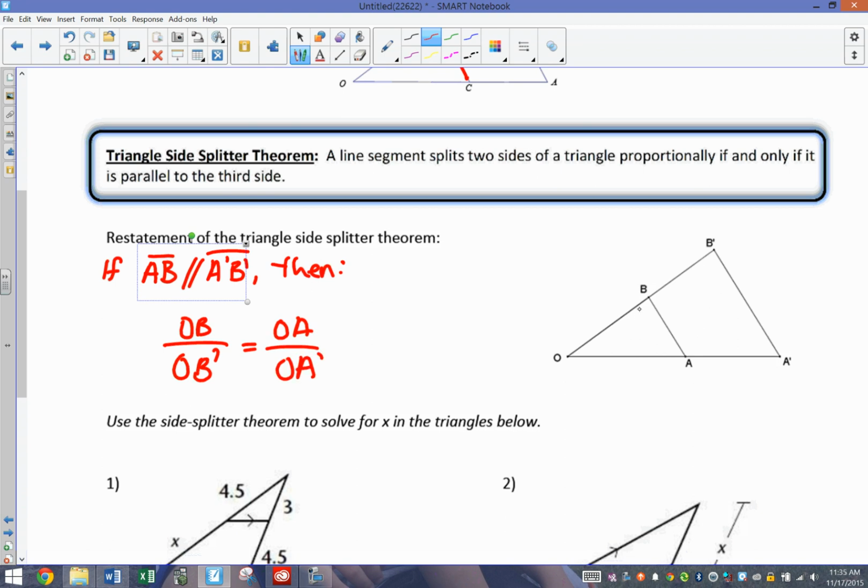In other words, the proportion that you can create says that the top part of one side, when compared to the whole thing, equals the same proportion as the top part of the other side when compared to its whole thing. And it's very easy to use.